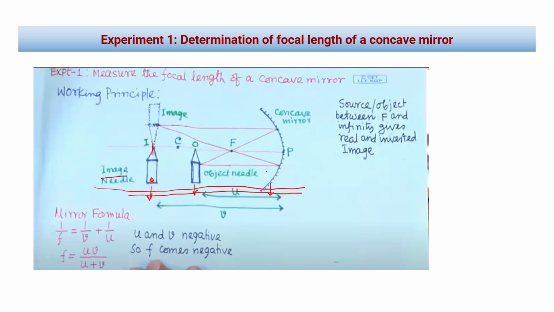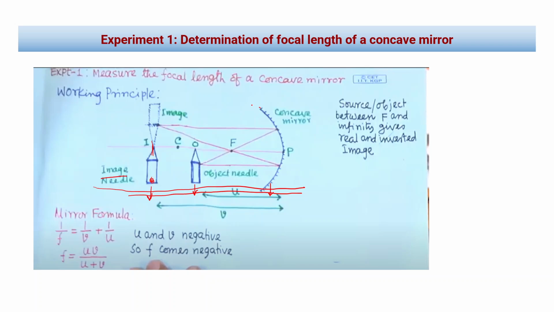So please refer to those videos to understand these experiments. But here, this was the basic theory behind this experiment. And the mirror formula, as I said, is 1/f = 1/v + 1/u. For a concave mirror, the focus is on this side.